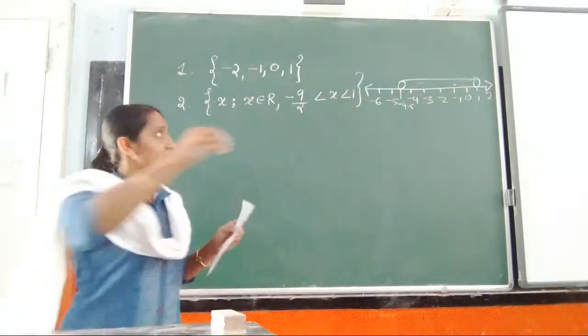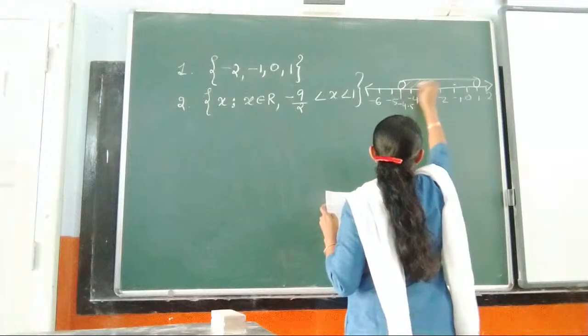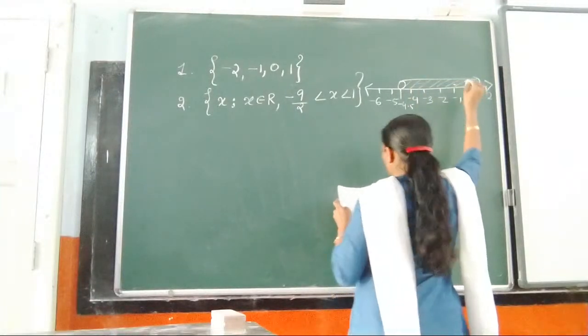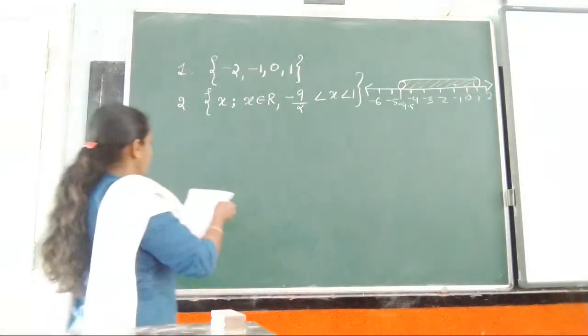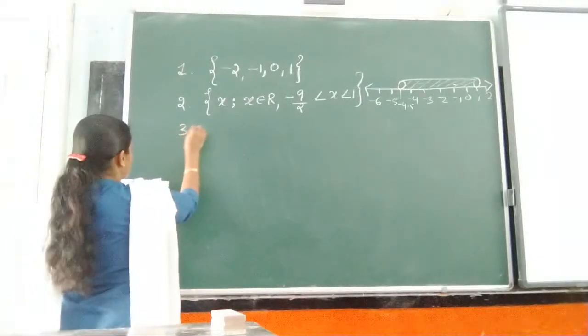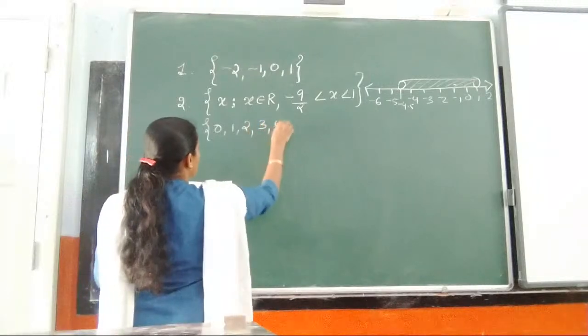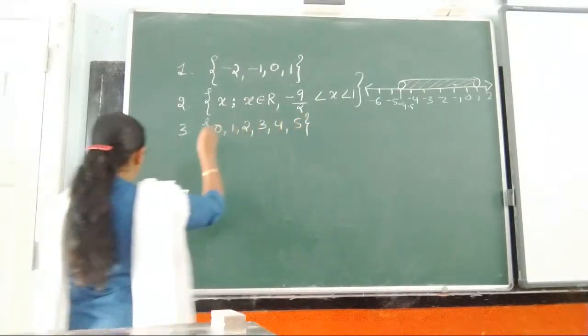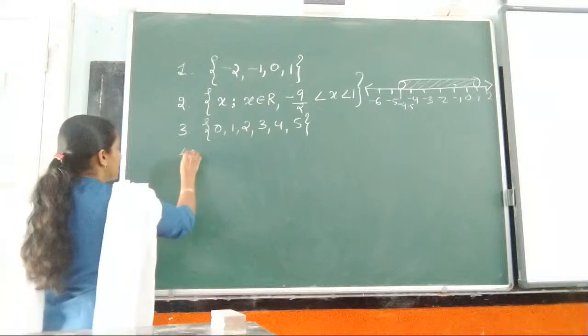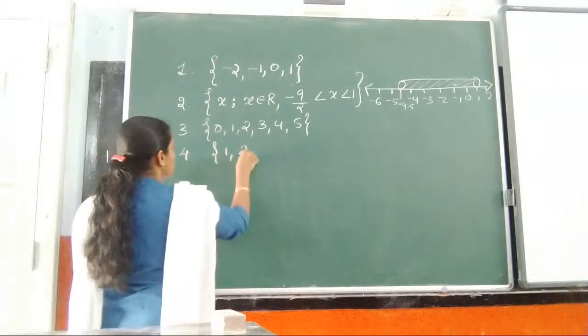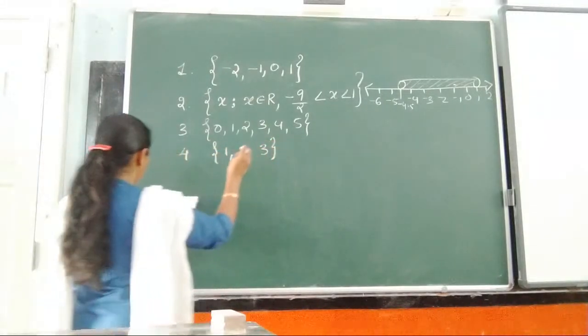This whole portion you have to shade also. That is the representation on the number line. And the third question answer is 0, 1, 2, 3, 4, 5. And the fourth question answer is the set 1, 2, 3, as x belongs to natural numbers.